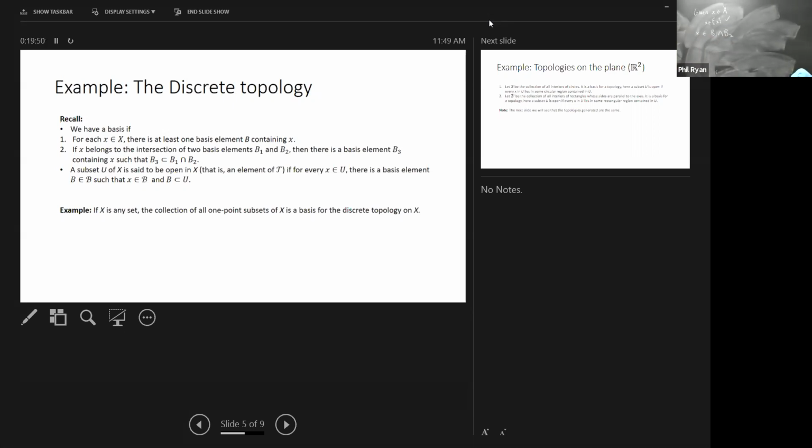They both contain x, so B1 has to be the set {x}, and B2 has to equal the same set {x}. So B3 equals the same set {x}.